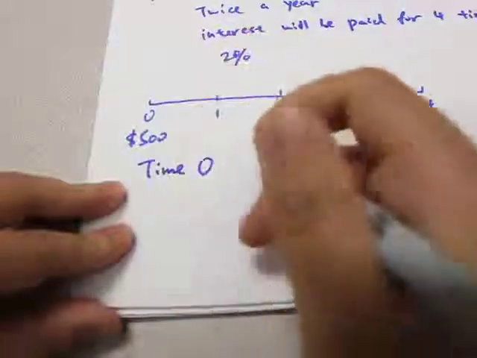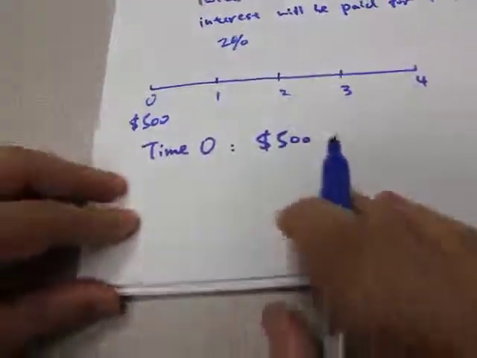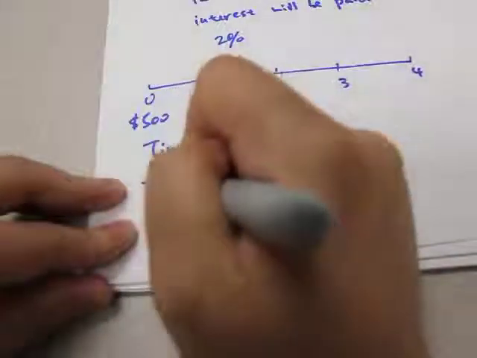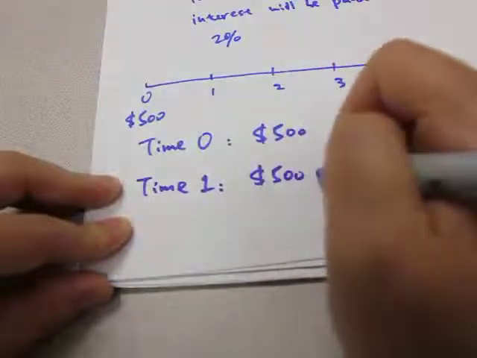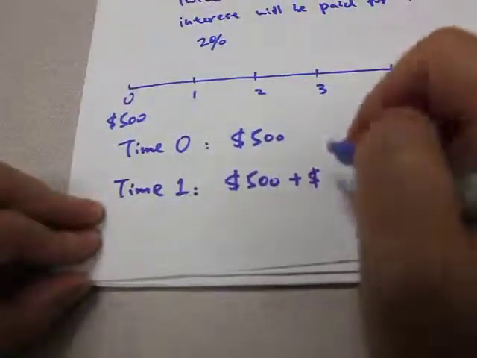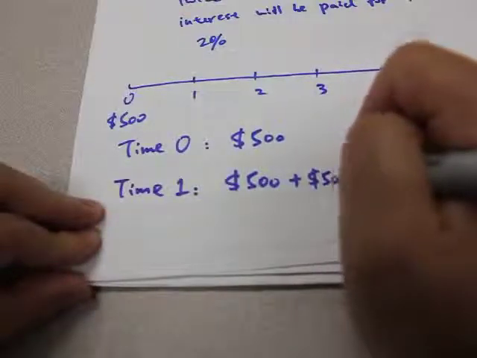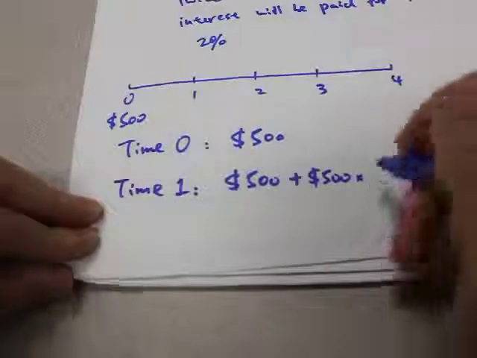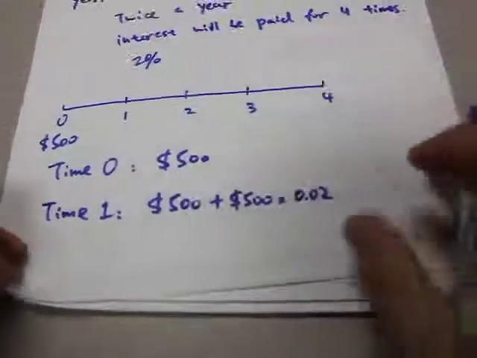So at time 0, there will be $500. Now let's take a look at time 1. At time 1, we have the $500 plus the interest earned by the $500. So the interest rate we're using to calculate that is 0.02.